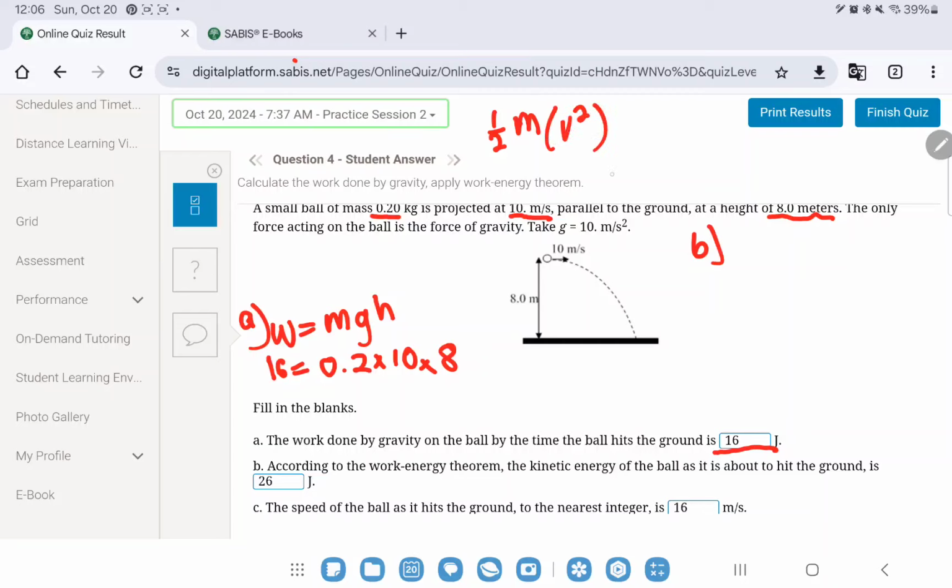So half of 0.2 times v squared, which is 10 squared, so 100. It's gonna give you 10. Now when you add 10 to your work done, which is here, you're gonna get it to equal 26. And that's how you solve it.